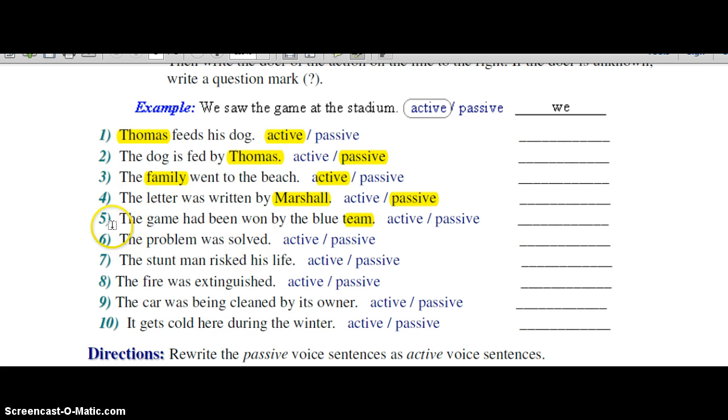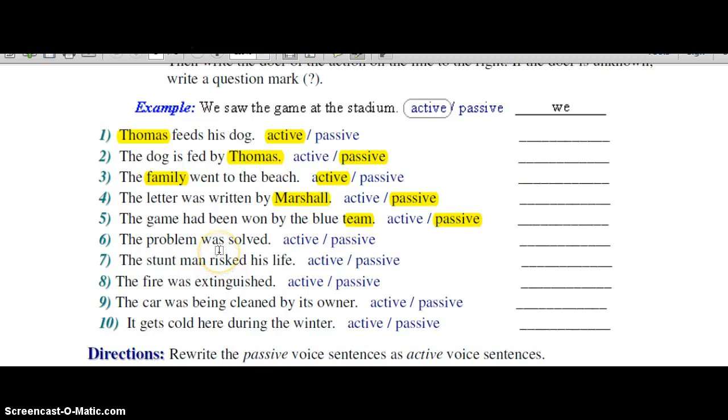It should have been up front. If I said the blue team won the game, then I see that game becomes a direct object and it would have been behind the verb. So in other words, kind of long story short, number 5 is written in passive voice right now. Number 6, the problem was solved.